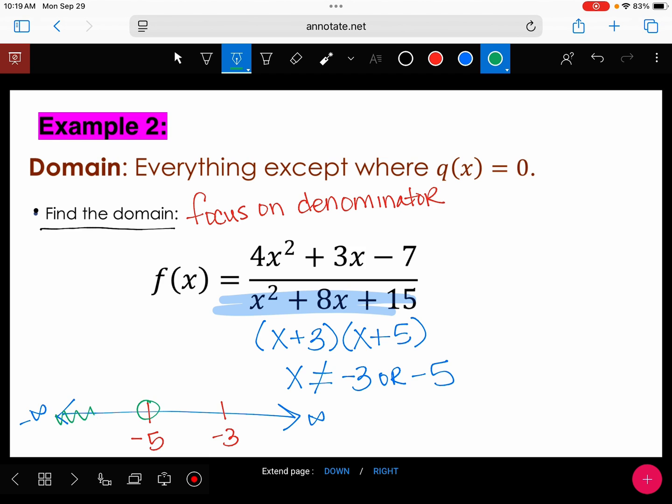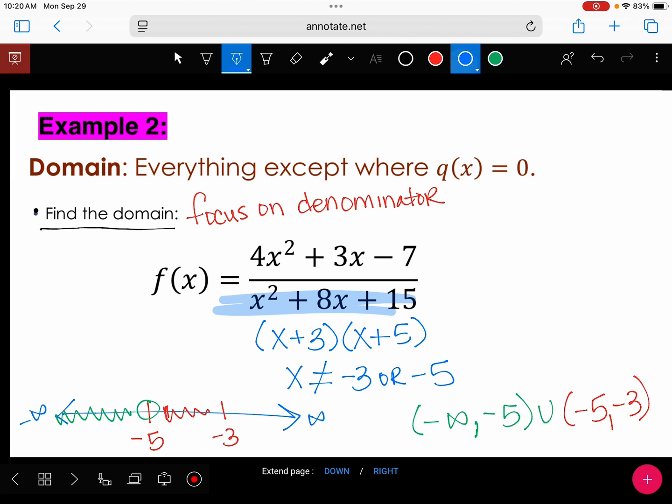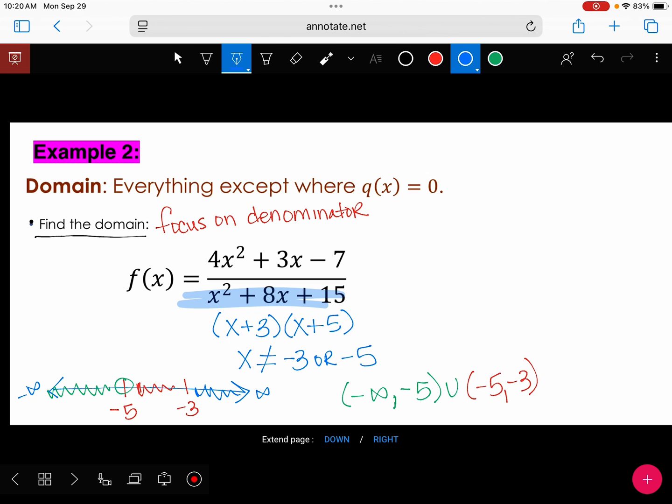I have this first portion, which would be -infinity to -5, union, and then I have my middle portion, which is in between -5 and -3. And then lastly, I have the far right, which is -3 to infinity. And that would be our domain.